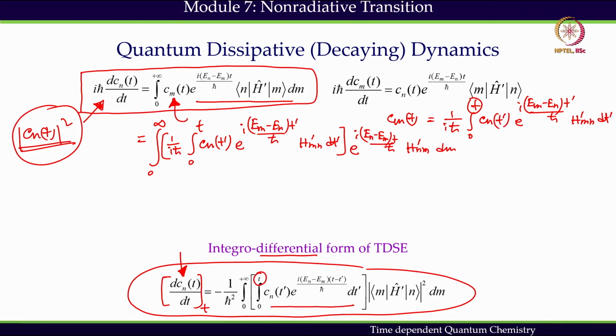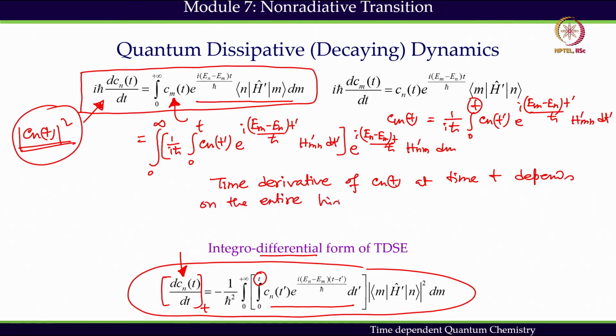So basically this equation shows that the time derivative of Cn(t) at time t depends on the entire history of evolution of Cn(t), from t equals 0 to the final time t.